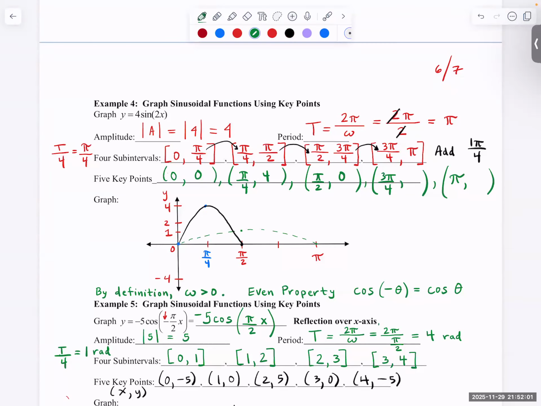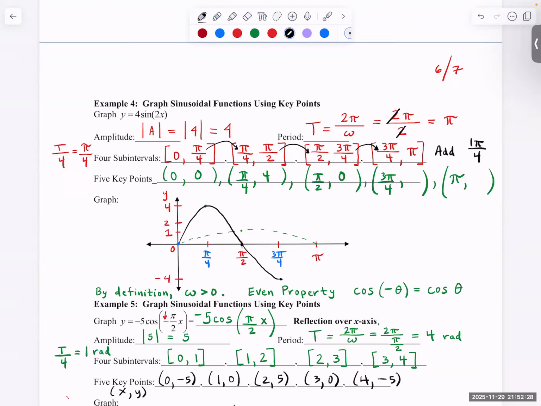The next angle where a key point will occur is at 3 pi over 4. Let's mark this one. And since the graph is falling below the x-axis, we will reach a local minimum. The bottom point here at 3 pi over 4, the function value is -4.